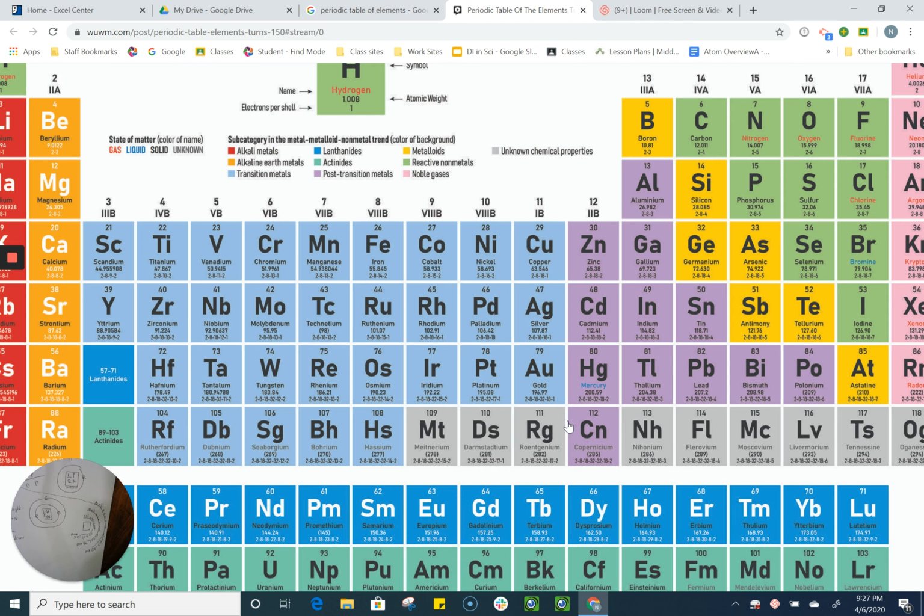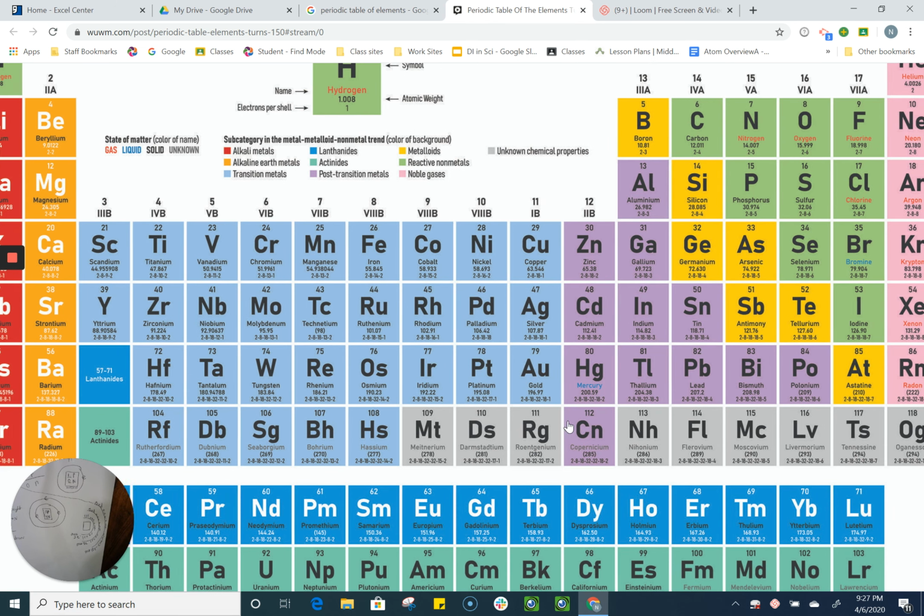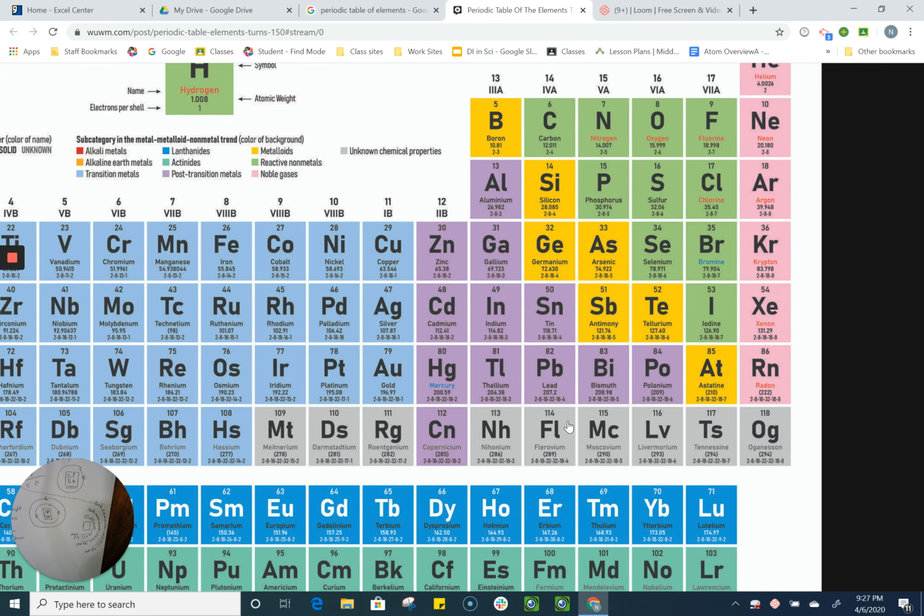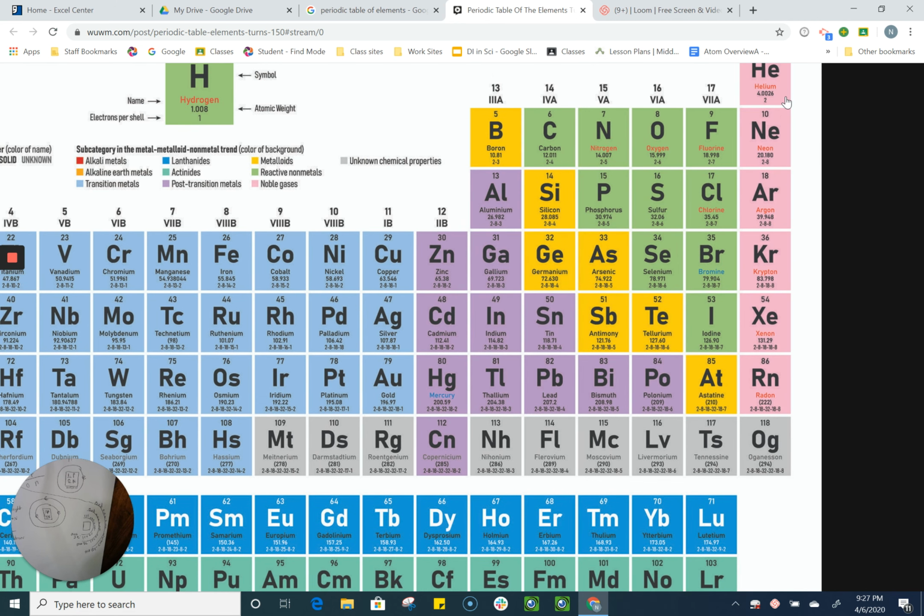Okay, so as these atoms fill up going across the periodic table, they're trying to achieve the electron configuration of noble gases.